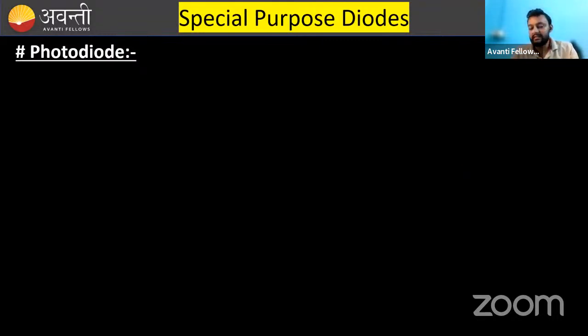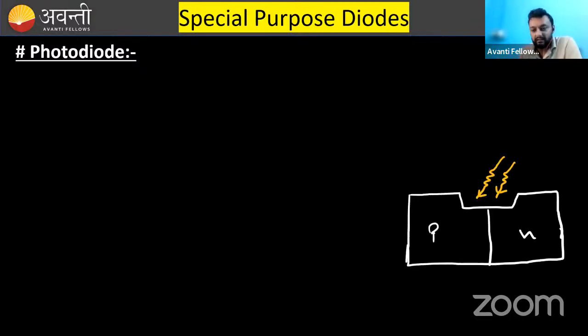I will say this is a simple diode which is used to detect the presence of light. The statement should be clear. It is used to detect the presence of light. How does it look? In this, a PN junction, this is a similar, normal PN junction, but the thing is, near the junction point it is made transparent so that light can enter it.